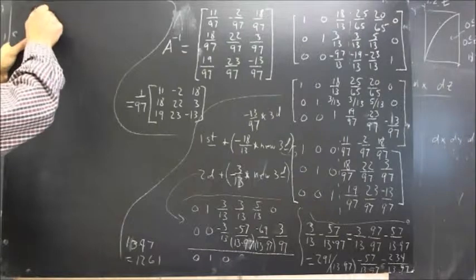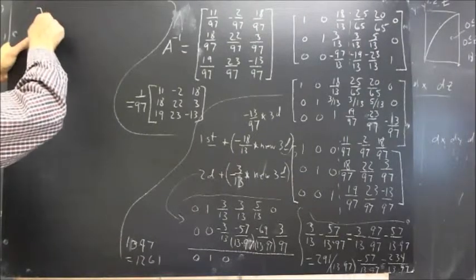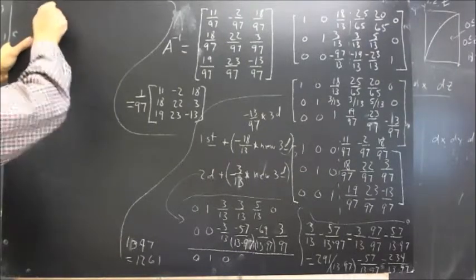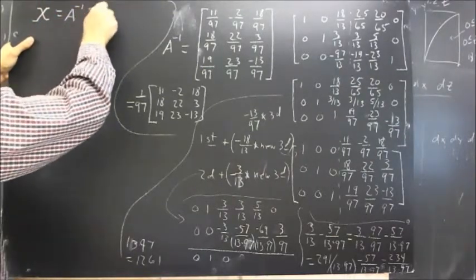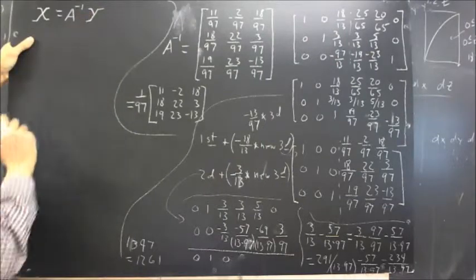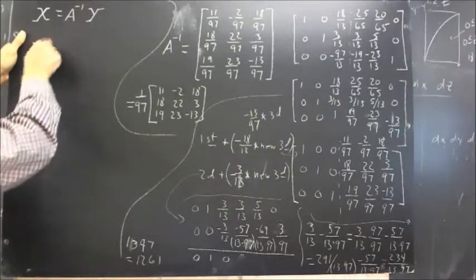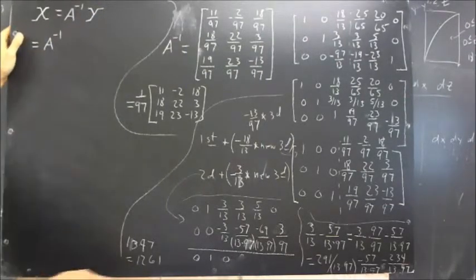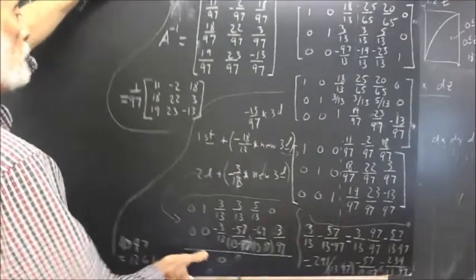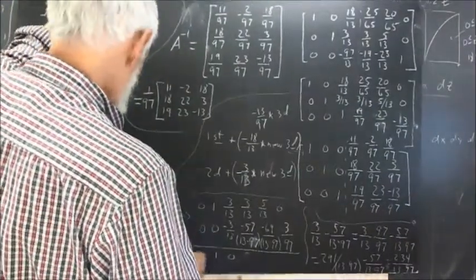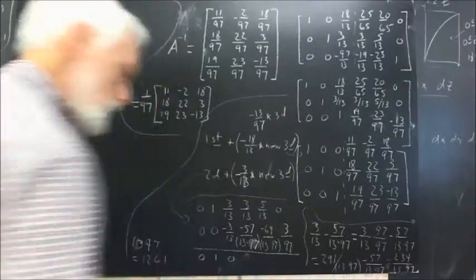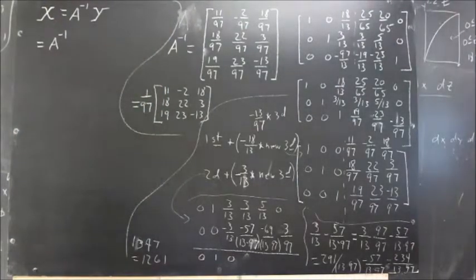Okay, well, then our x vector is A inverse times our y vector. Now, I've actually forgotten what in the world our original y vector was. Hopefully I've got it written over here. No, I don't. I'm going to have to pause for a second and find those numbers. I think it was something like 7, -1, 1, or something like that. But let me find it.